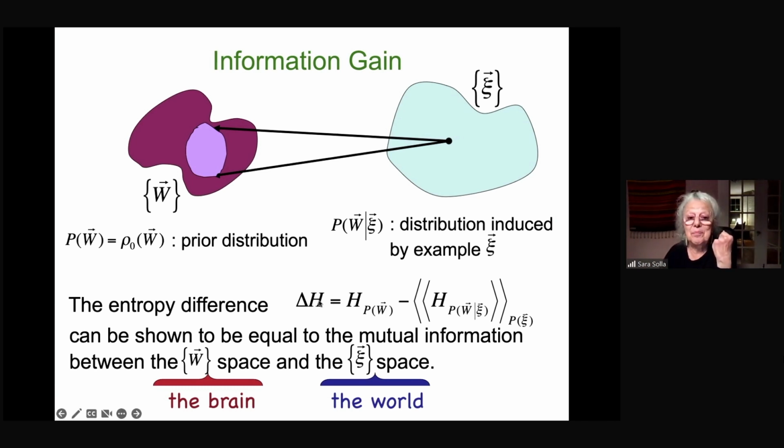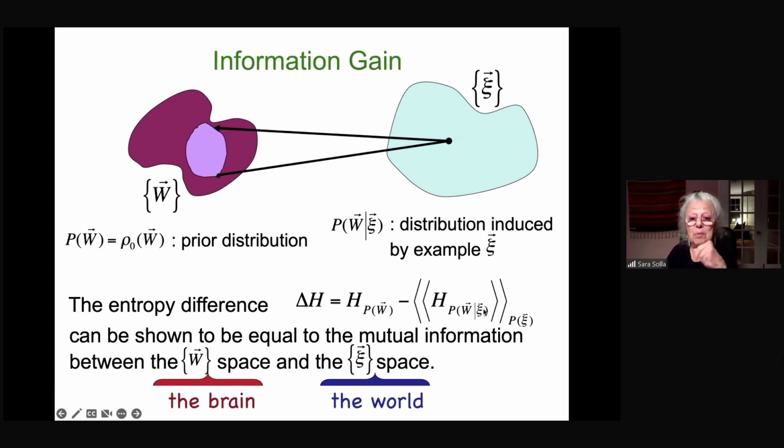So this difference in entropy, which is the entropy of the original P of W, which is rho 0 of W, minus the entropy of P of W given psi, which of course I want to average over all the possible ways in which I could have chosen the example according to, I'm sorry, this should be P tilde of psi. I should have changed that.